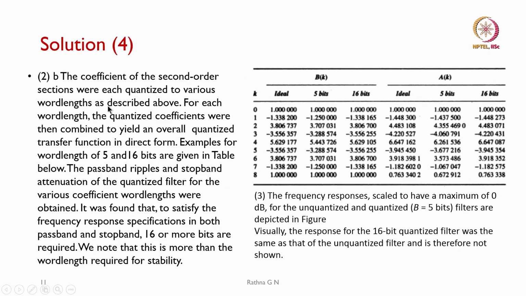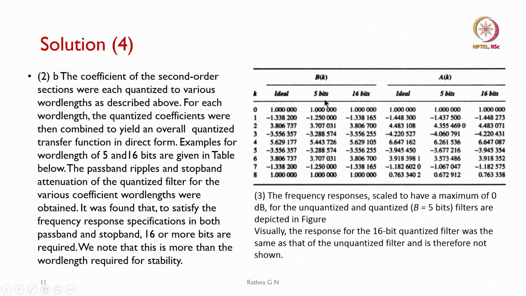So, you have to use your MATLAB code to do these things, and then you can vary your word length from 5 to 16 bits, and how they are going to be represented is given in the table here. This is my poles, that is the A coefficients, and this represents zeros, that is the B coefficients.